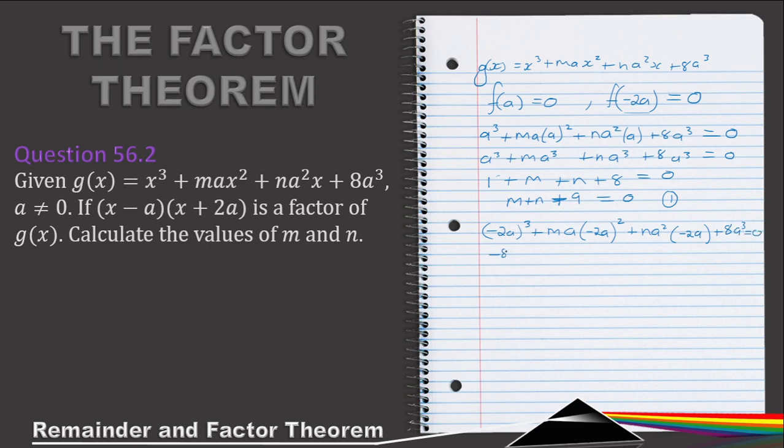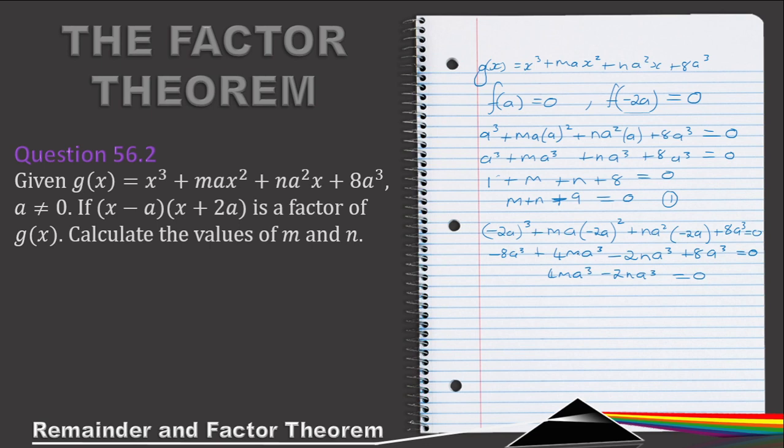So this becomes minus 8a cubed plus this will become 4a, so it's going to be 4ma cubed, and then this becomes minus 2na cubed plus 8a to the power 3 equals 0. We have 2 terms that can cancel each other, minus 8a cubed plus 8a cubed, which leaves us with 4ma to the power 3 minus 2na to the power 3 equals 0.